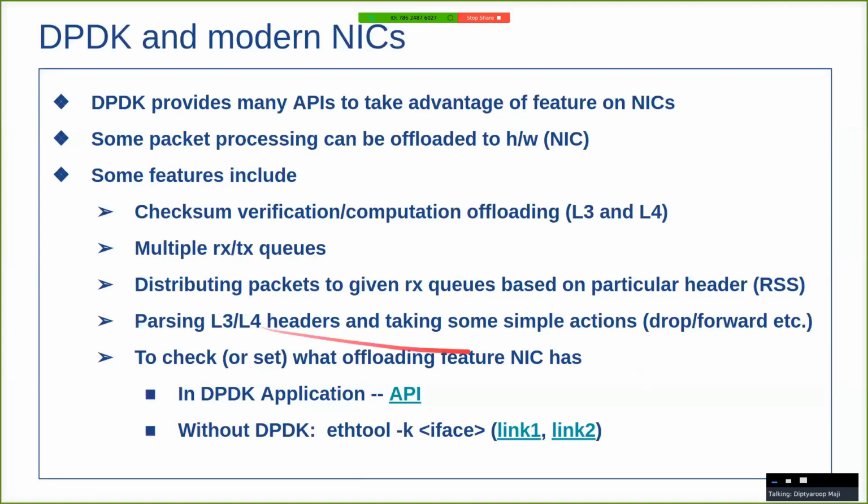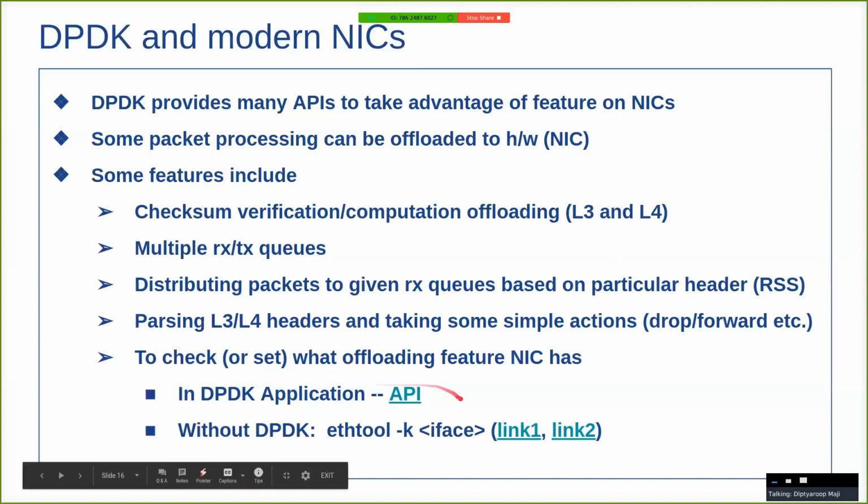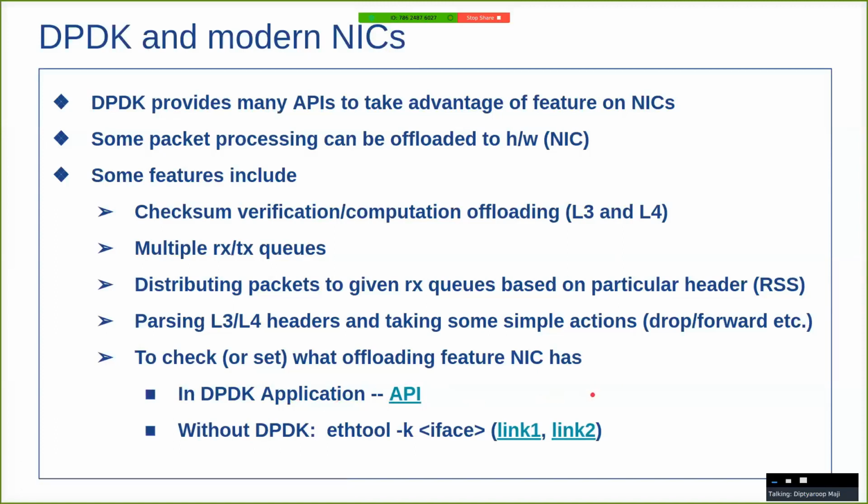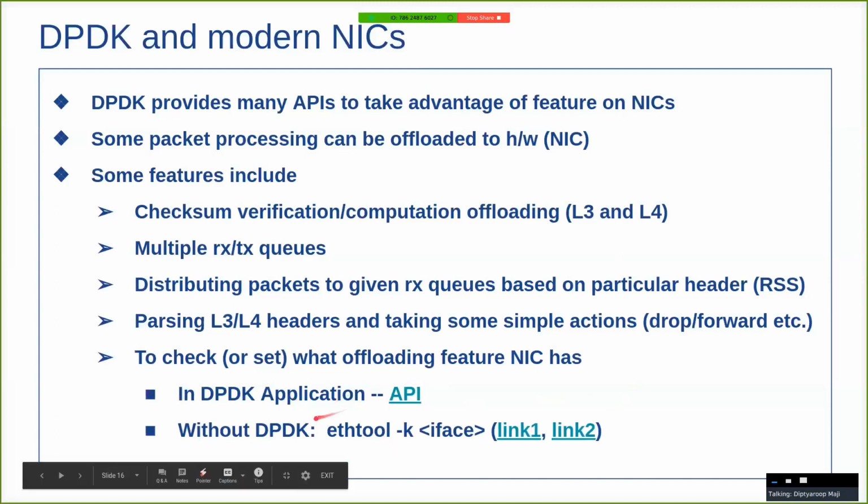We can tell the NIC to drop all packets coming from that specific IP. All these simple functions can be performed in modern NICs, and it helps us make our DPDK application more efficient. To check or set what offloading features the NIC has, you can either use the ethtool command, or DPDK also provides APIs.